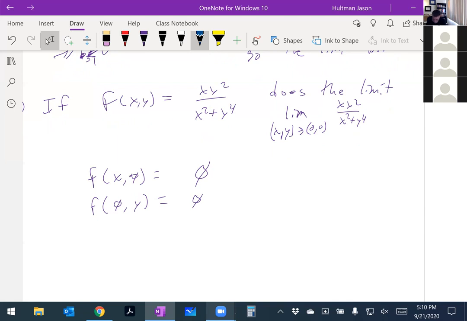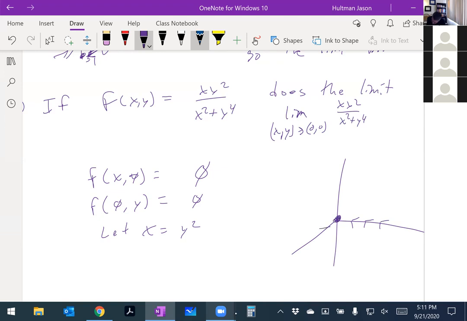Kind of sucks. Okay, what if we let x be equal to y squared? What does that look like? Let's draw this out. If we let x be 0, then we definitely go to (0, 0).